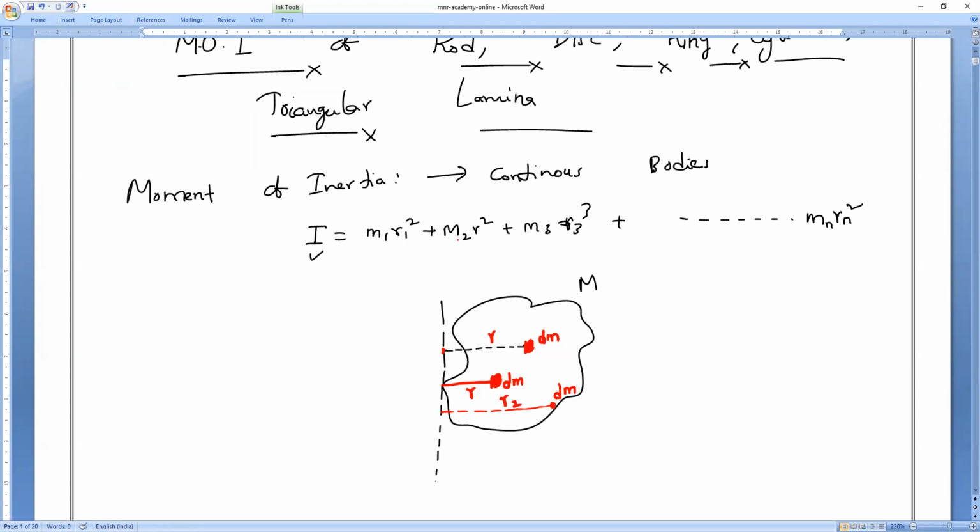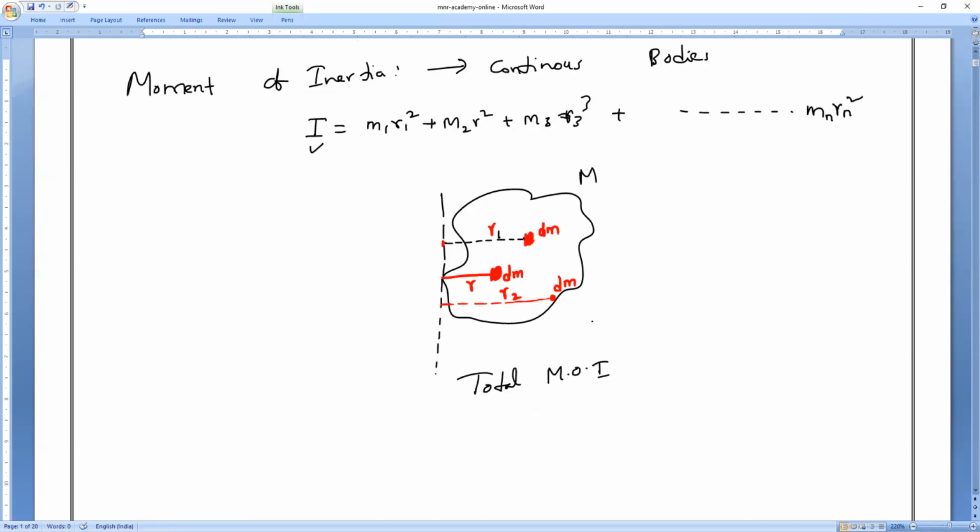Now if I want to find the total moment of inertia of this body, what do I have to do? For a particular part, if the mass is dm, then its moment of inertia, dI, will be equal to dm into r square.